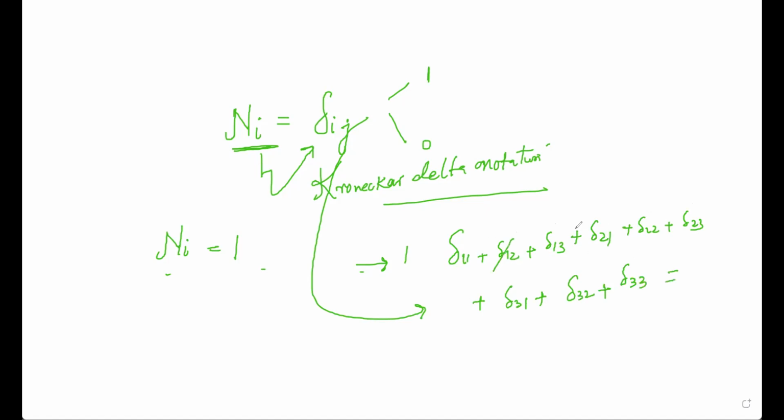This is equal to 0, this is 0, this is 0, this is 0, this is 0, this is 1, this is 1, this is 1, that is equal to 3. So if you divide delta ij by 3, that is equal to 1. That is what this Ni represents.